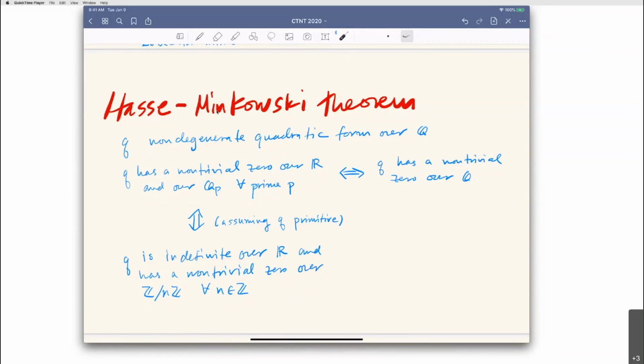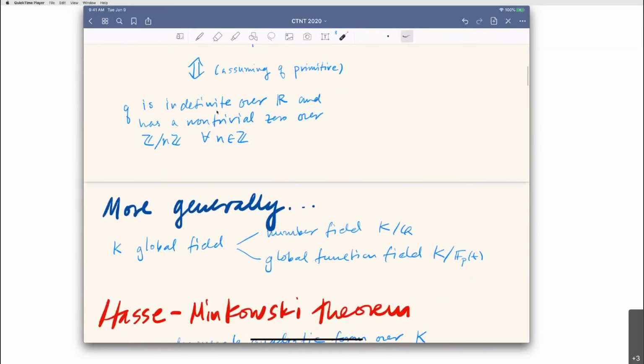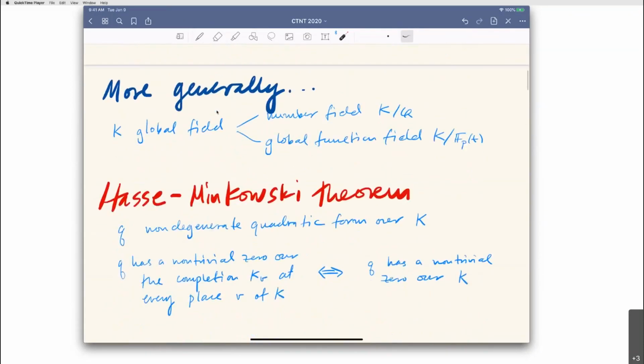Of course, if a quadratic form has a zero over Q, then it will have a zero modulo n for every n. But the converse is the interesting direction. This is a standard classical local-global principle.